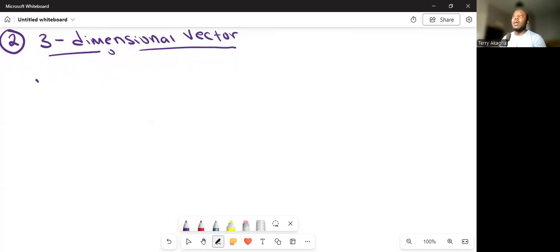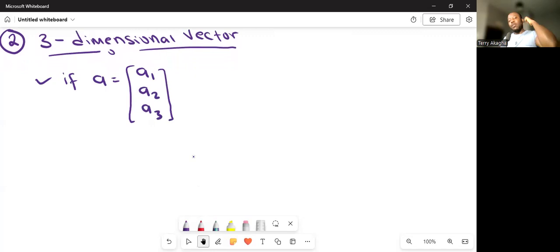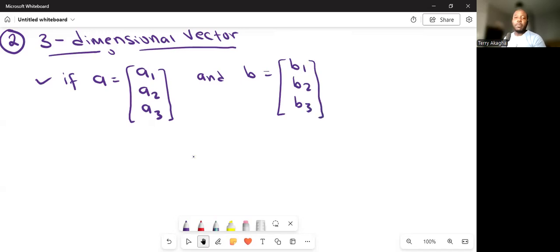All right. So now, if we're having a three-dimensional vector, so we have A now. Instead of A1, A2, it's going to be A1, A2 and A3. So I've talked about the vector notation. So I believe we all know this now. And for B, it's going to be B1, B2, and B3. Okay?